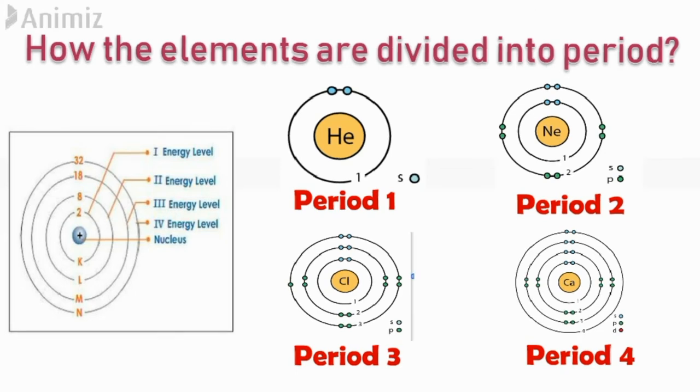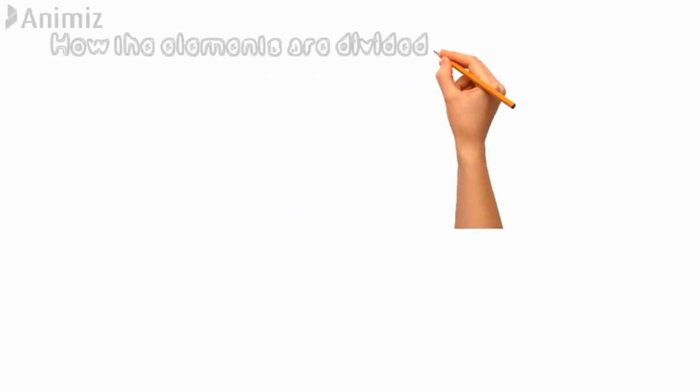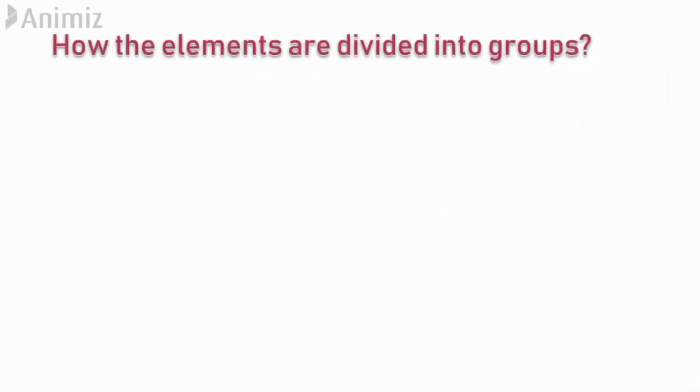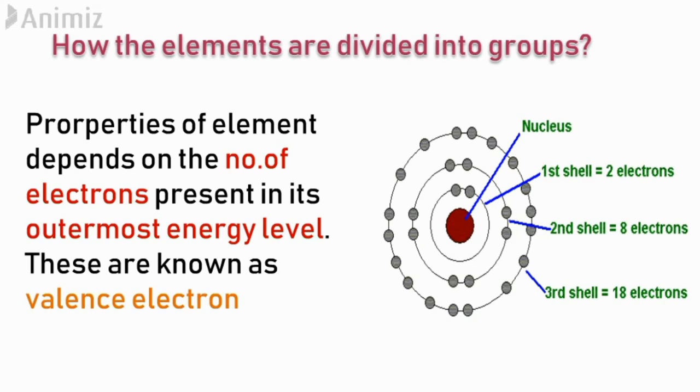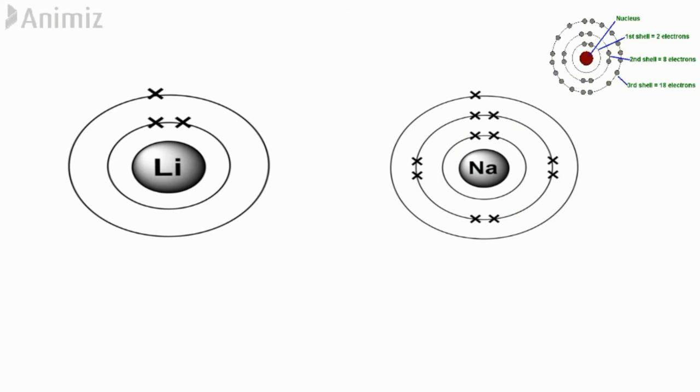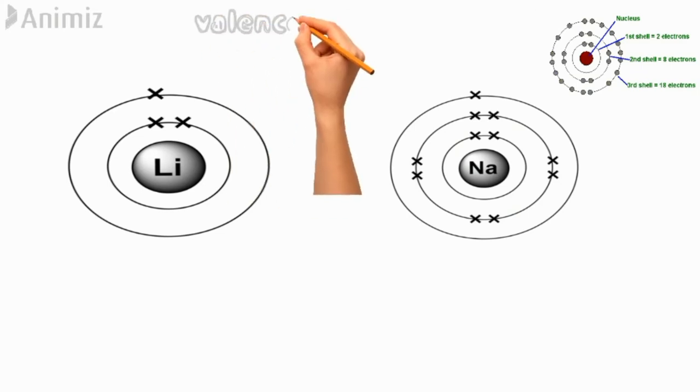Now let's see how the elements are divided into groups. Here, it depends on the number of electrons present in the outermost energy level, which are called the valence electrons. Now let's consider lithium, which has only one valence electron, similar to that of sodium.